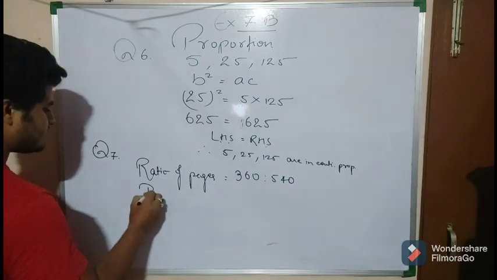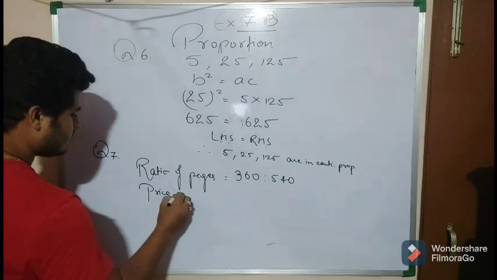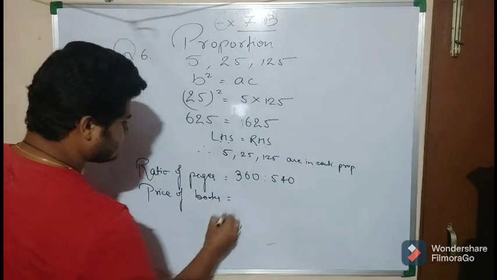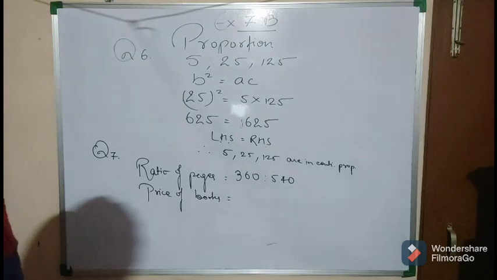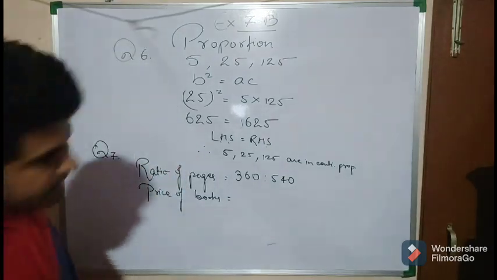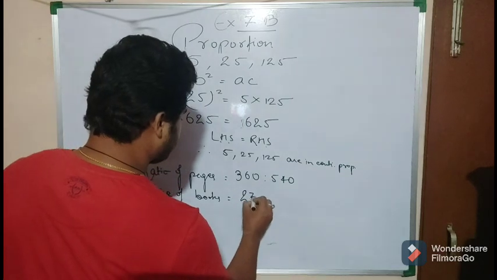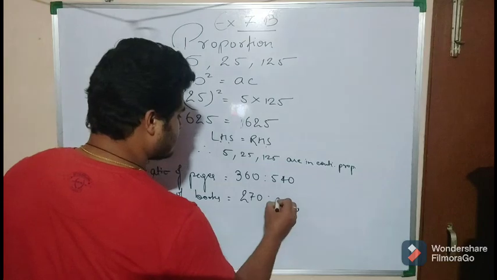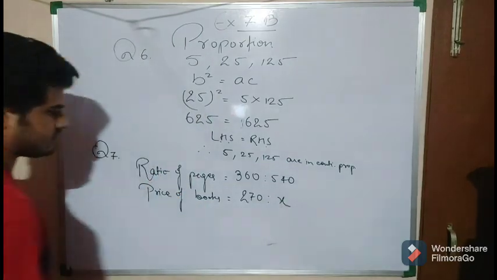And the price of books has increased in the same manner. So the earlier price was 270 rupees. What will be the new price? If it is the same ratio, then let that price be x.